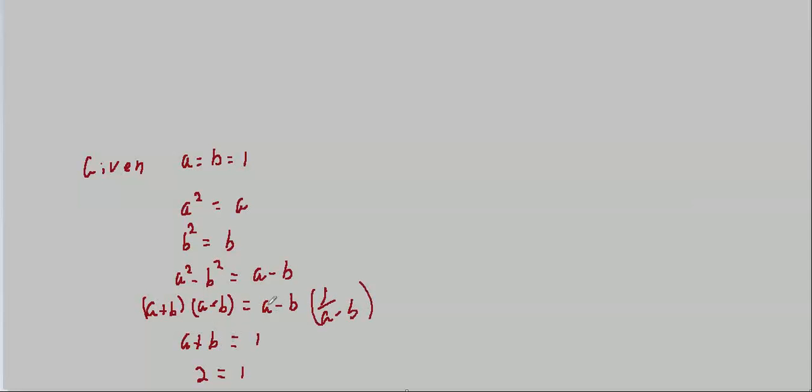Our division property of equality comes with a proviso, doesn't it? We can divide through by the same quantity, for instance, anything. Say x. We can divide through both sides of an equation by 1 over x if we have something like a equals b.